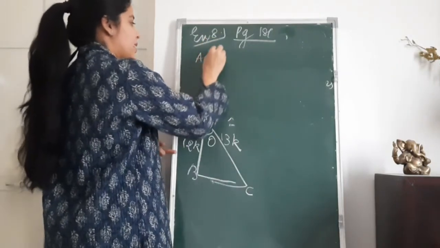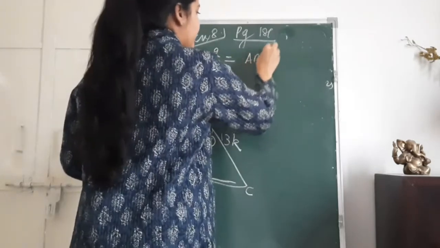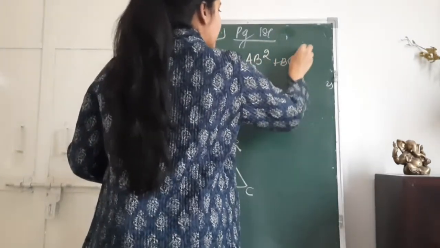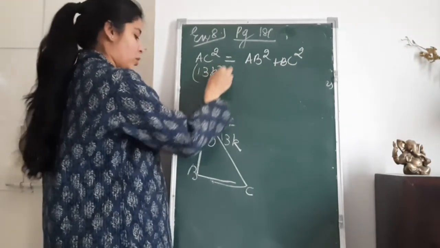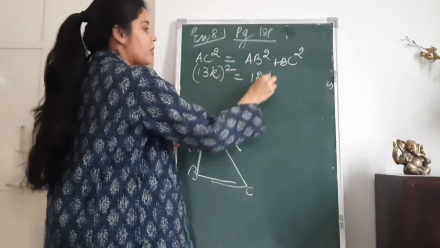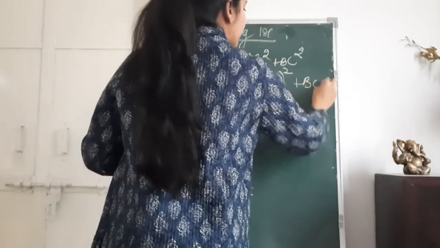That gives me AC square is equal to AB square plus BC square. AC square is 13k whole square, AB square is 12k whole square, plus BC square.